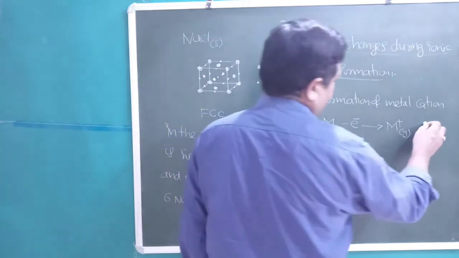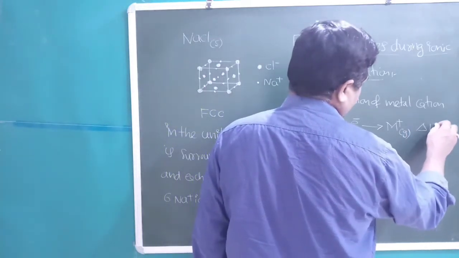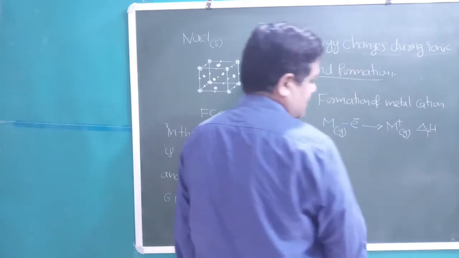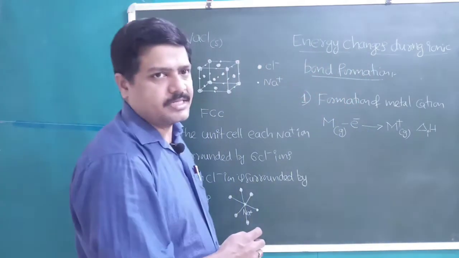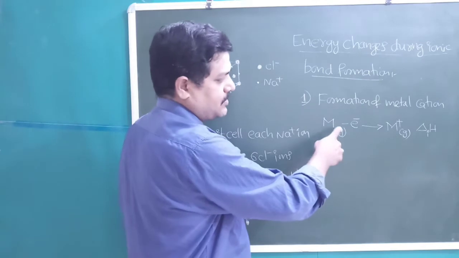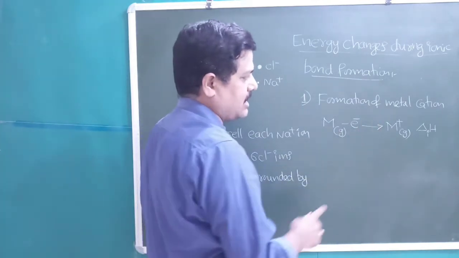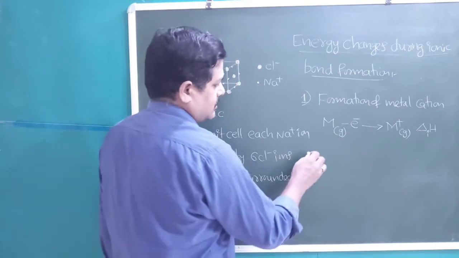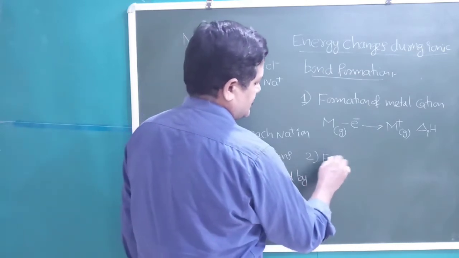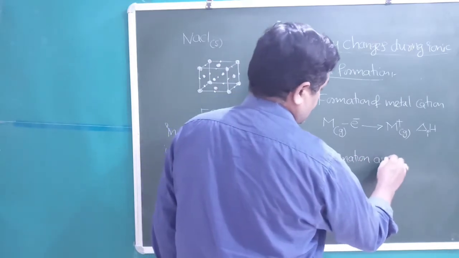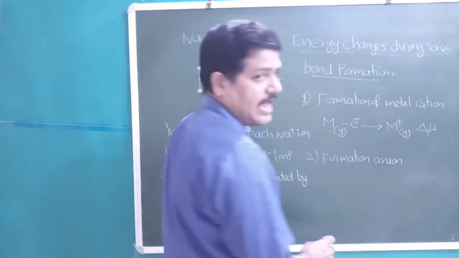The enthalpy change accompanied with this process is called enthalpy of ionization. The energy required to remove the electron from the isolated gaseous atom is called ionization enthalpy. Second is the formation of anion.